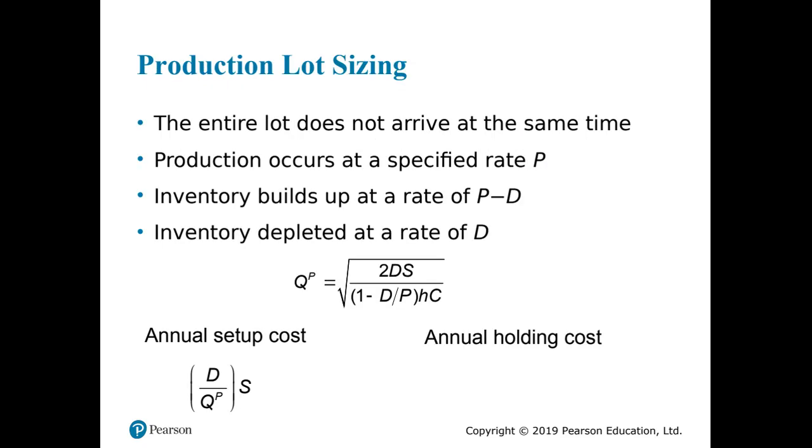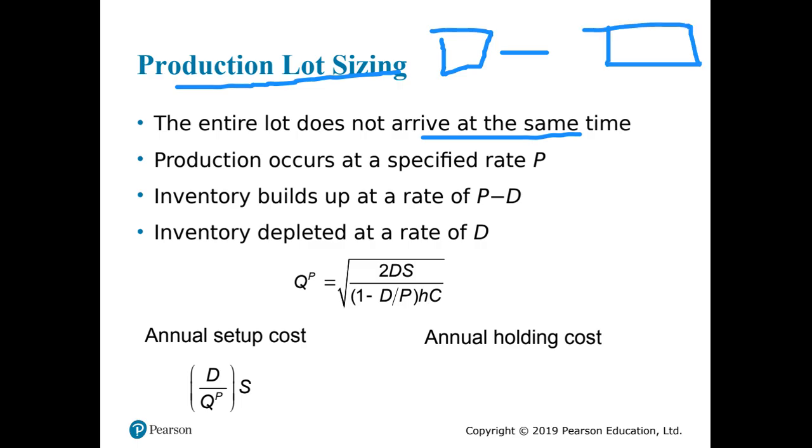Okay, so what is going to be the production lot size? From the production perspective, the entire lot does not arrive at the same time. So there has to be a link between production and its output and then the supply. So production occurs at a specified rate, let's say P. Inventory builds up at a rate of P minus D, where D is the demand, so inventory is depleted at the rate of demand.